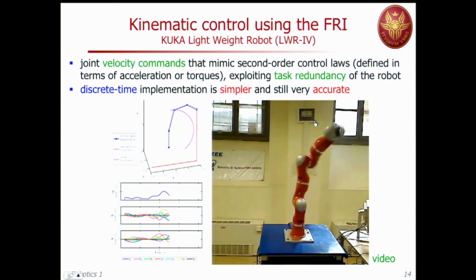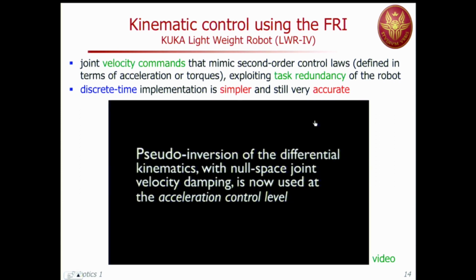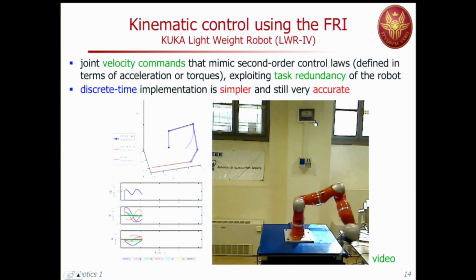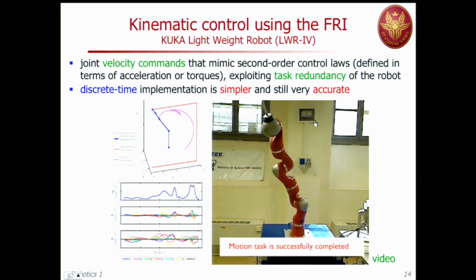And this is a velocity command. And you see that at some point the robot stops, because with this velocity command, some limit torque of the motor was exceeded. Okay? So we decided to do this scheme at the acceleration level, where commands are smoother, and then we can compensate for this internal motion so that the whole task is executed.